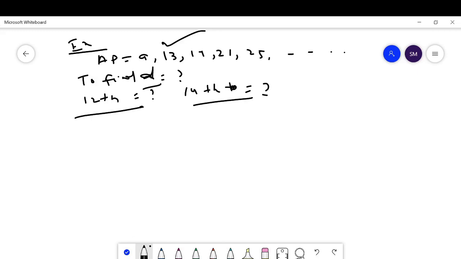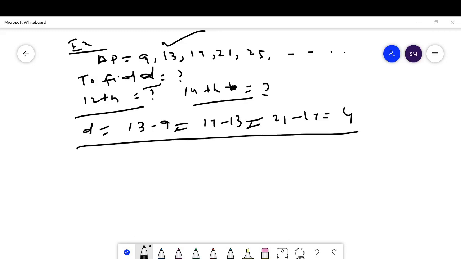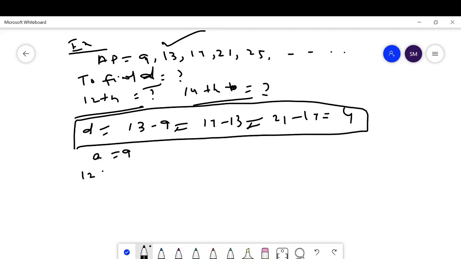Here d is equal to 13 minus 9, which equals 17 minus 13, which equals 21 minus 17, which is equal to 4. The common difference is 4, and a is equal to 9. Then the 12th term is a plus 12 minus 1 into d.